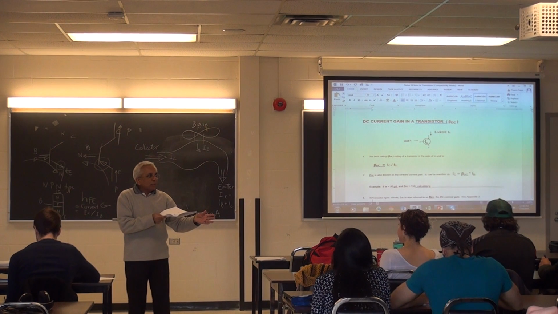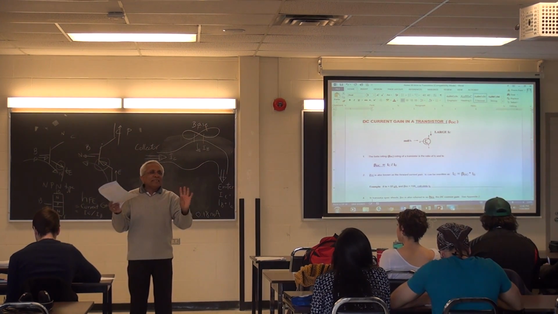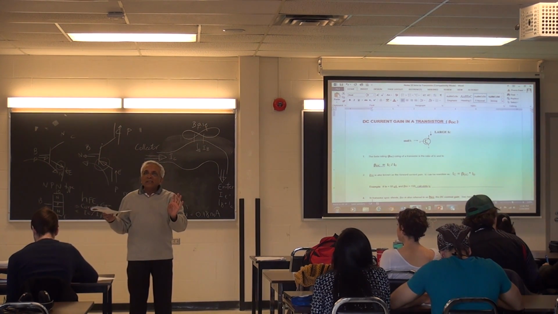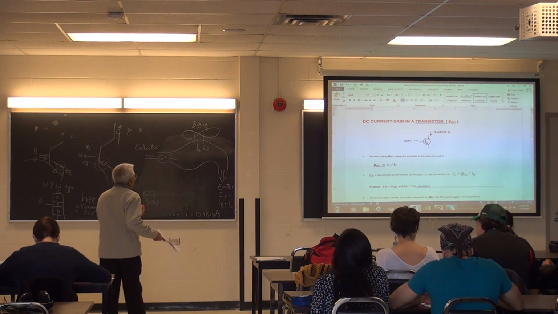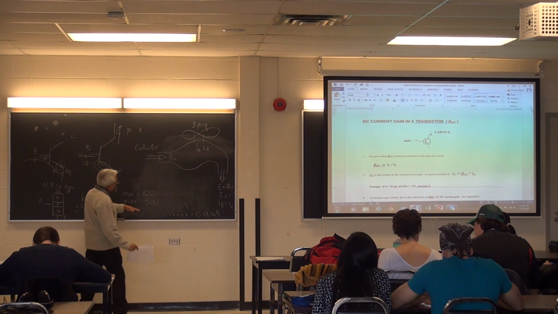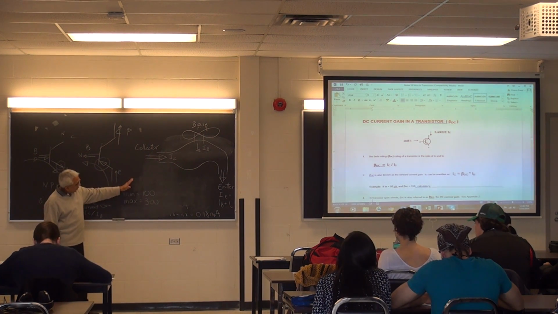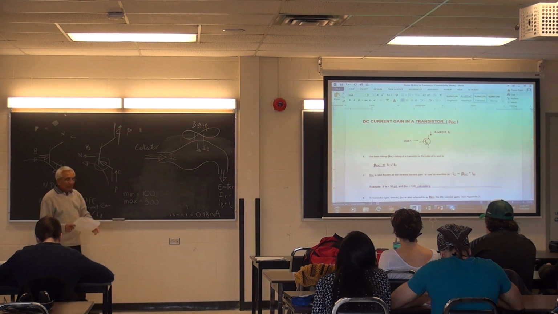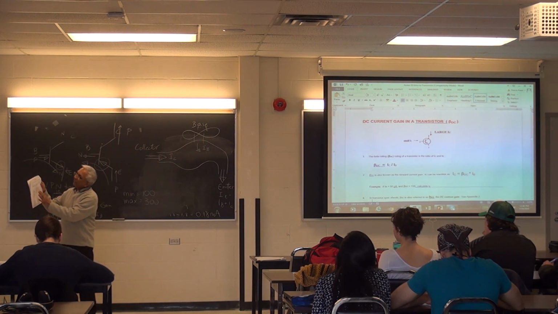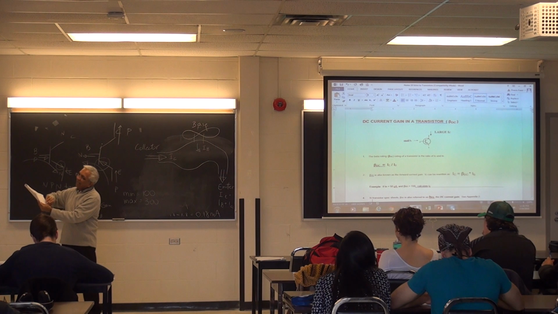Everything's the same part number, okay? But from one day to the next, it might have a different gain. And so look at what the swing of this gain is. Anything from 100 to 300 for this typical transistor that we have, which is in Appendix 1.